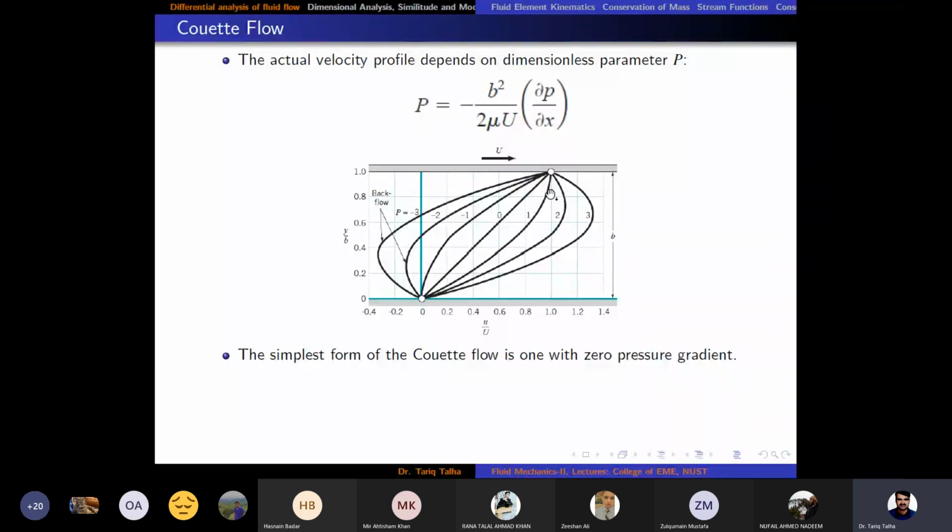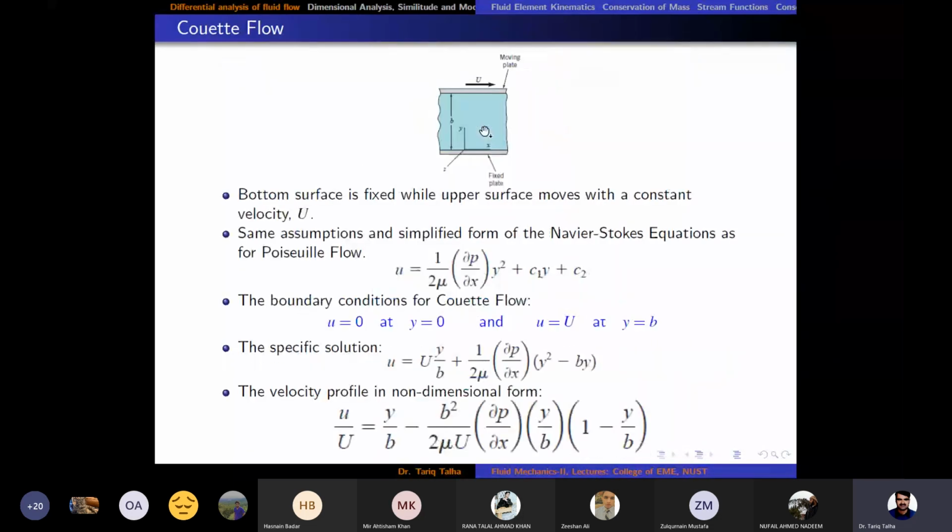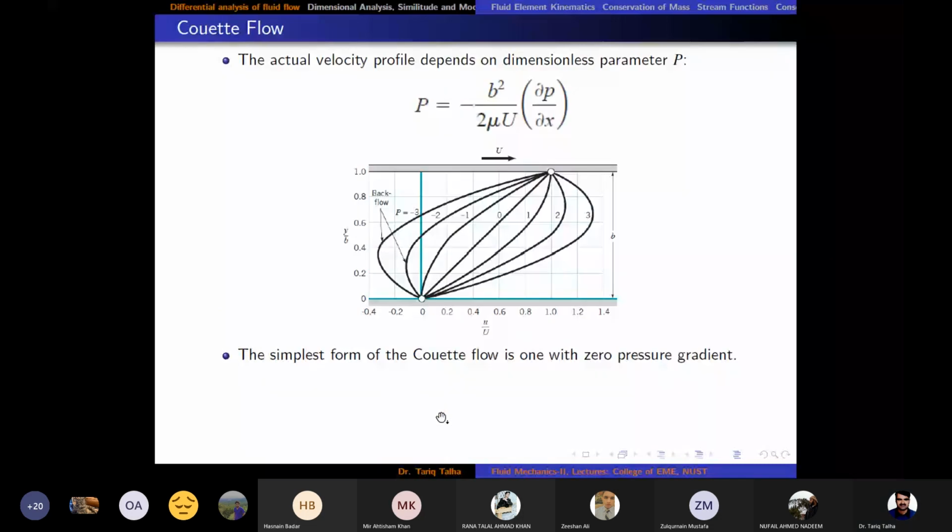But because now there is a motion of the upper plate, depending upon the p value, the initial and final values are the same, but how they reach from the lower plate to the upper plate, the velocity profile, is dependent upon this parameter p, which has been defined here, right? So this is the place where we have defined that p parameter. This is a non-dimensional pressure gradient. So we call it non-dimensional pressure gradient.